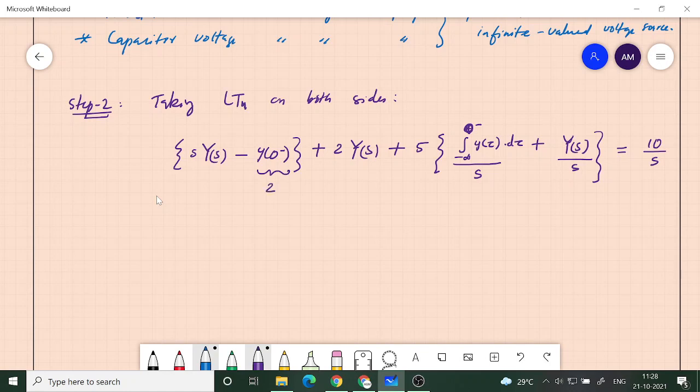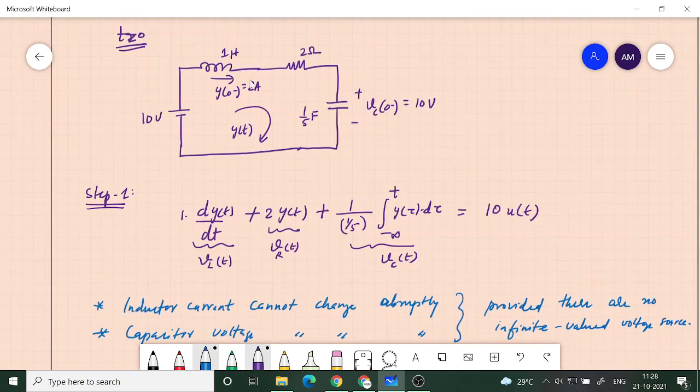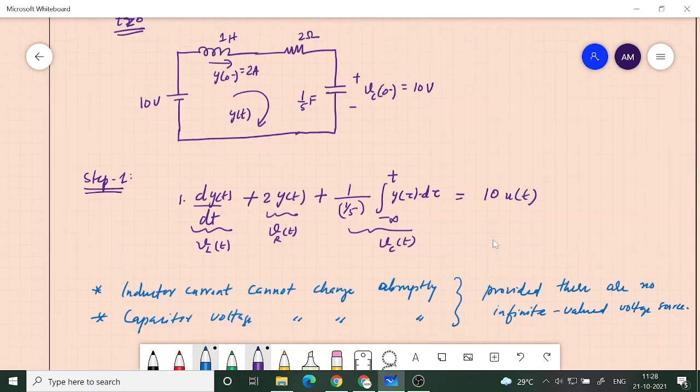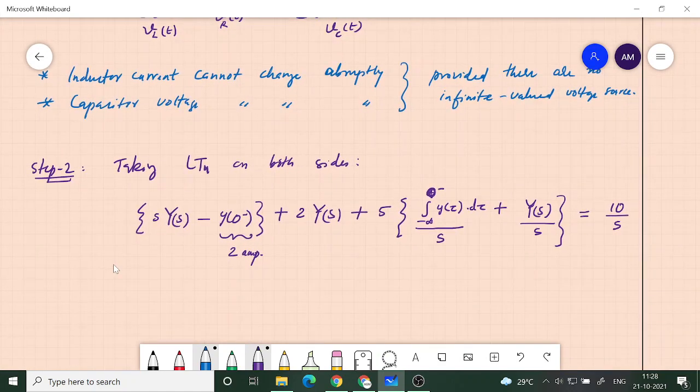You said it is 2 ampere, right? I of 0 minus, you said it is 2 ampere. Okay. Then what we now require is, what is this integral? Do you know that?